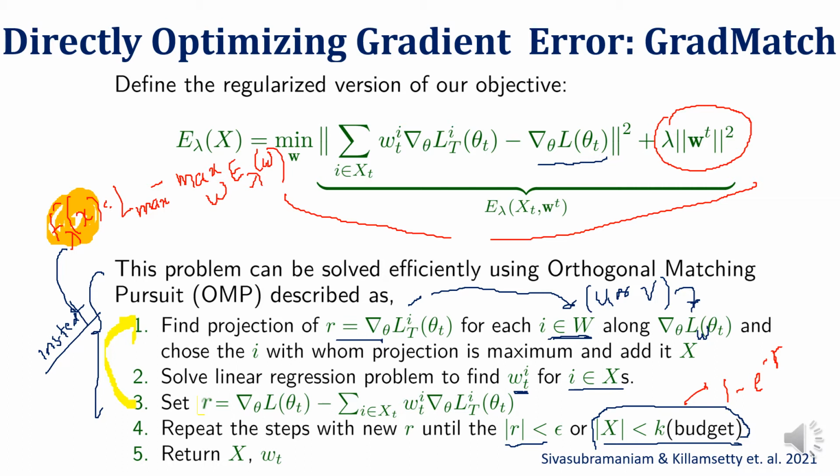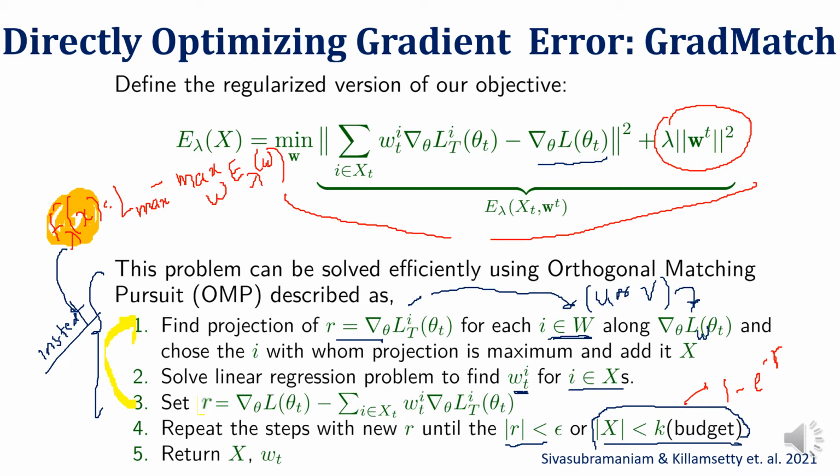For the new element that is added, you find the weights for all the elements that have been added so far in X. Now you compute your new error term R. Now from step 3 you go back, you have a revised estimate of R. Again compute that element i in either U or V which yields the highest dot product with respect to the complete data gradient, and again choose that i which has the highest projection, add it to X, and use linear regression, which can give you a closed form solution. Keep doing this until one of the convergence criteria is met.